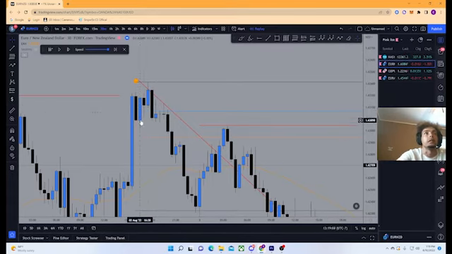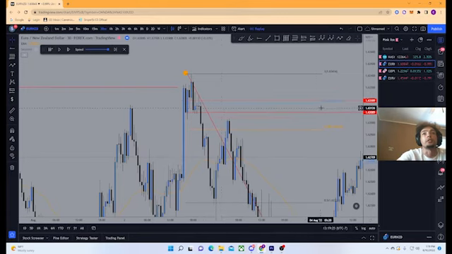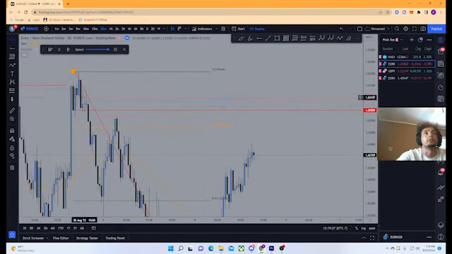I can make my point of interest here, and then we can also do 50% of this candle here. Now this is my entry area that I'm looking for.